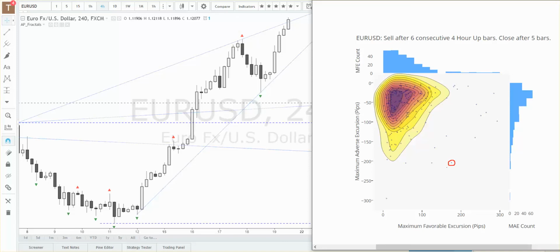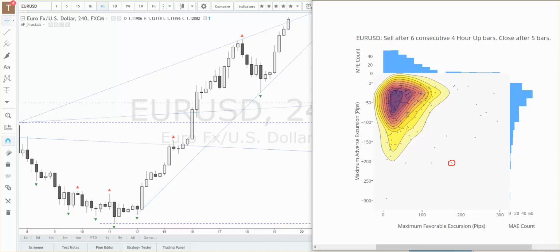If we look at that outlier, that is an outlier because within a 20-hour period, we saw a 200 plus pip move against us, and this is crazy.